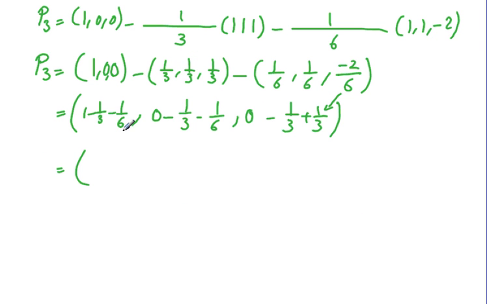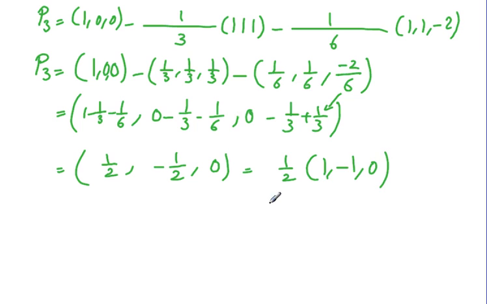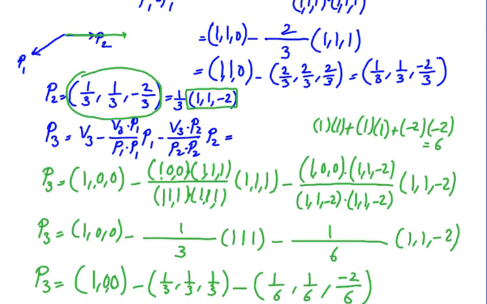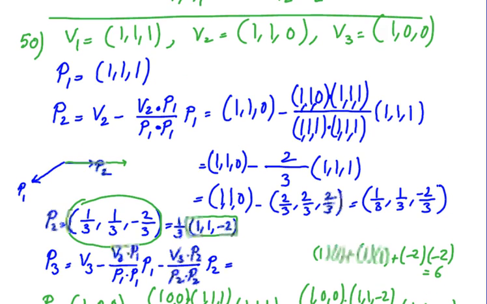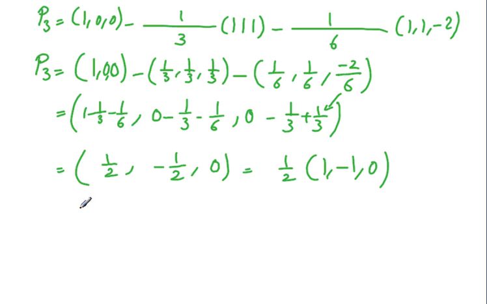So what is this one? This one minus 1/2, is that right? And this one 0. So P3 became 1/2 of 1 minus 1, 0. So let's write down our final answer.